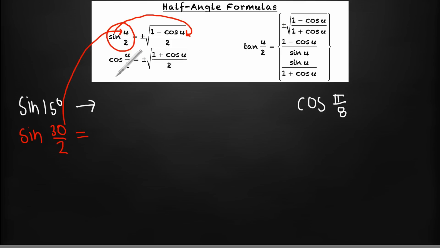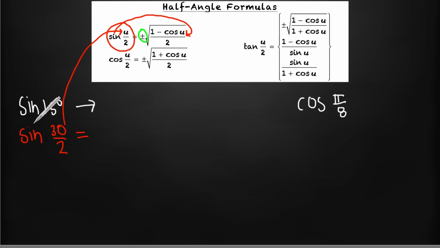Now, I do want to pay attention to this plus or minus right here. You have to figure out whether it is plus or minus. Do not write down plus or minus. You need to think about what quadrant 15 degrees is in, and what the sine of 15 would be.